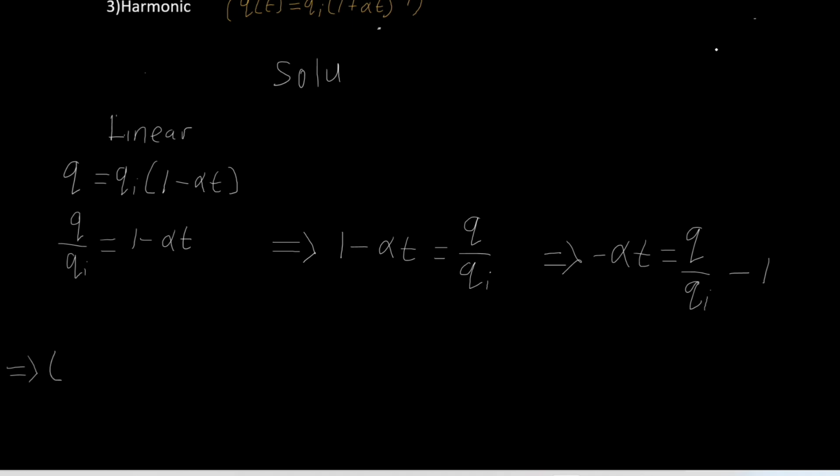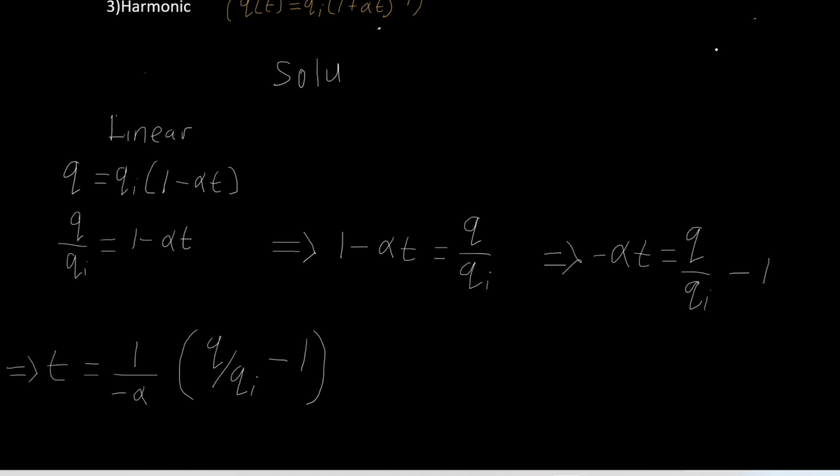From here, we then have that t is equal to 1 over minus alpha times Q over QI minus 1. So we divided both sides by minus alpha.